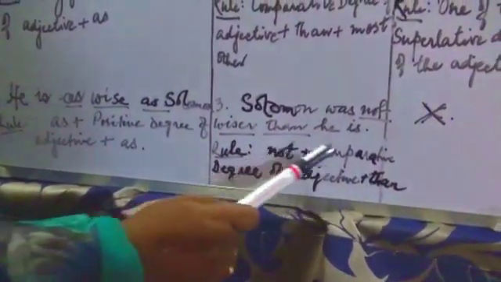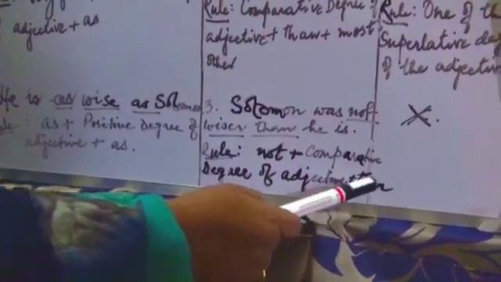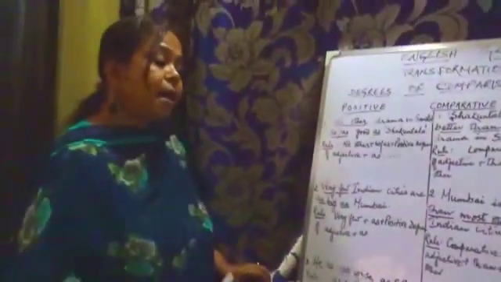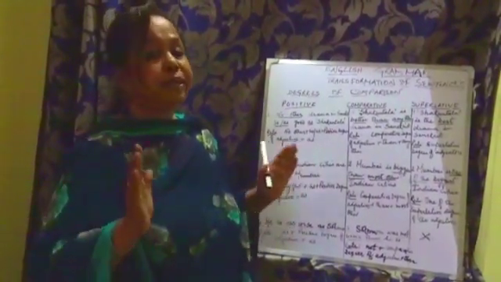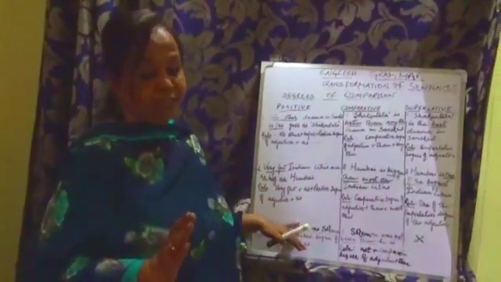So see, not plus the comparative degree of the adjective plus than. And here it is not possible to transform the sentence into the superlative degree, because, as I said, you are comparing only two people.